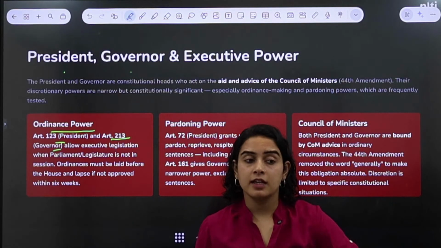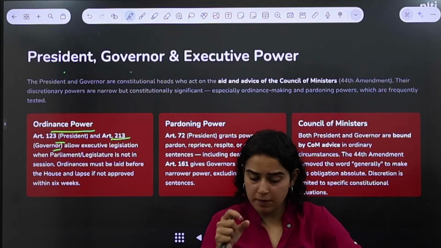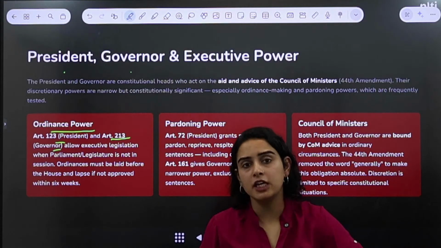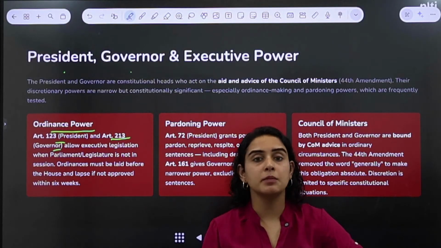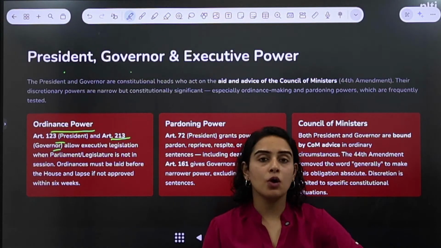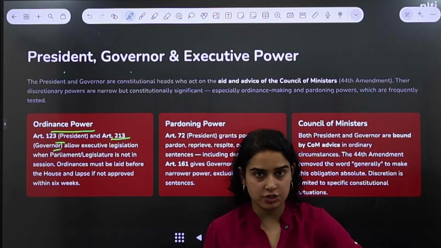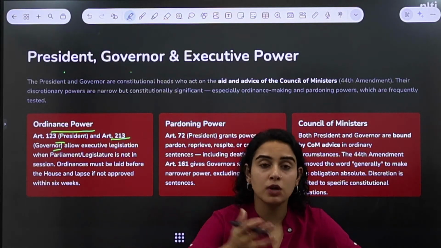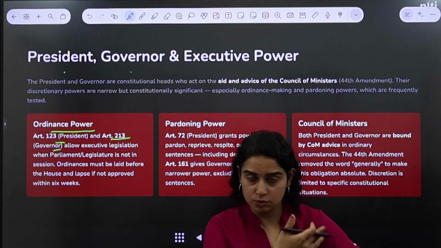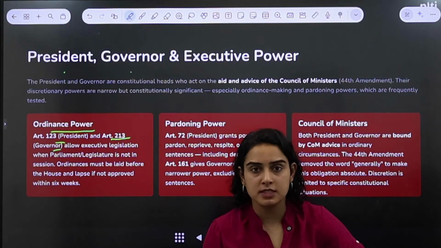let's say there is a dire need for making a law. There's an urgent need to make a law or pass any rule, but the Parliament is not in session, or the state legislative assembly is not in session. So in that case, are we going to wait for 2 or 3 months for the Parliament to come back and sit and have a session, and then we'll discuss the law?